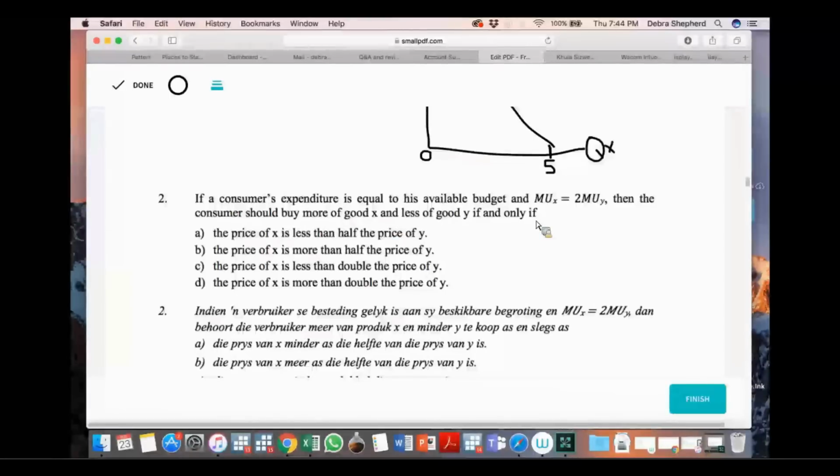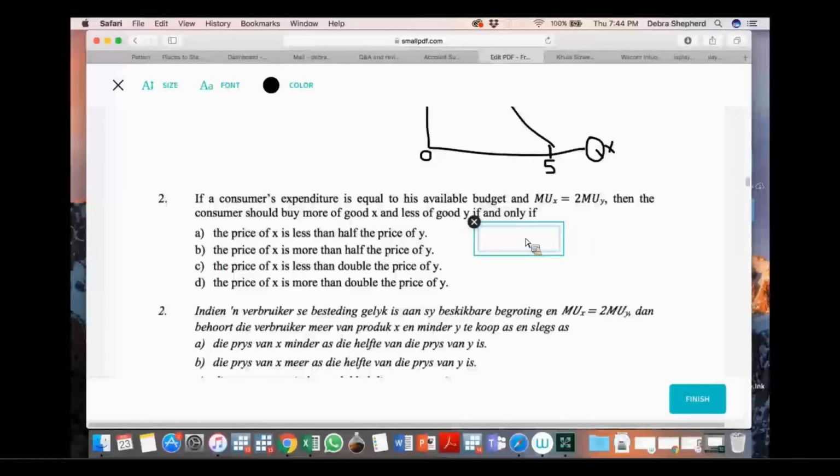And then we have a number of statements here. What these statements ask you is whether or not the price of X must be less than or more than some function of the price of Y. So this is kind of a tricky question. So I'm going to show you step by step how you would go about answering a question like this.